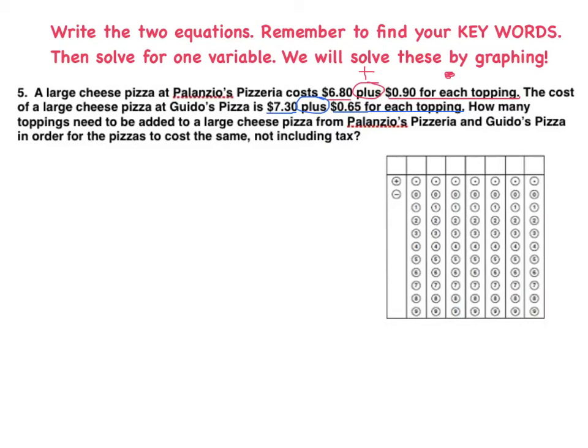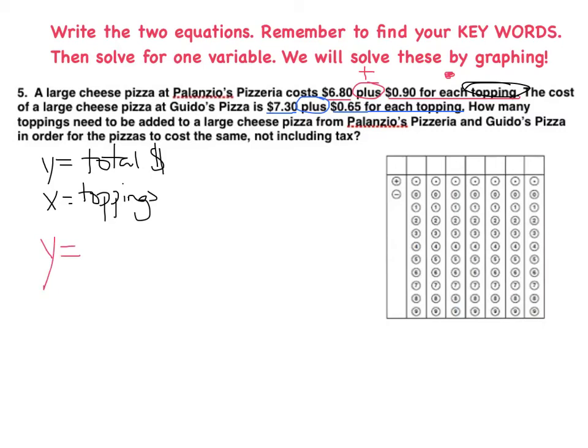So they're basically asking, where's their intersection? When are they the same? Well, we have to write the equation. The two things that we have here are y, which will be the total amount of money that it costs, and x seems to be representing the toppings on our pizza. So our first equation is going to be Palazzo's.